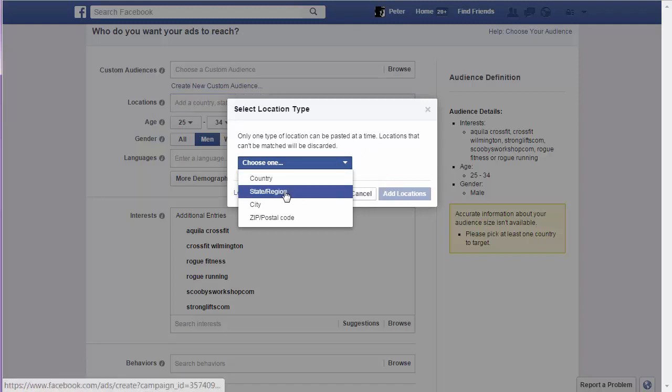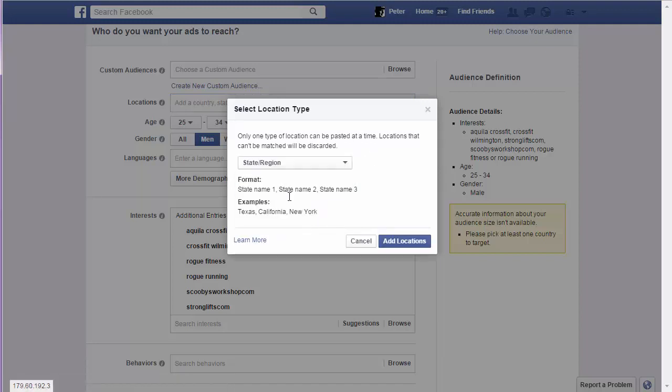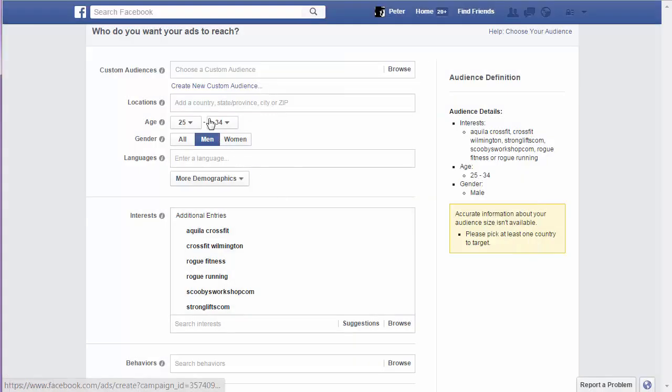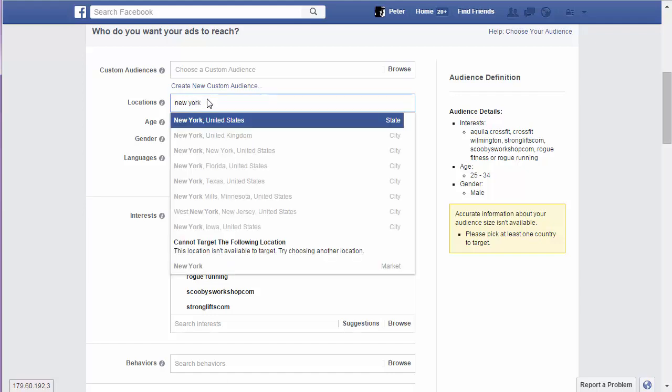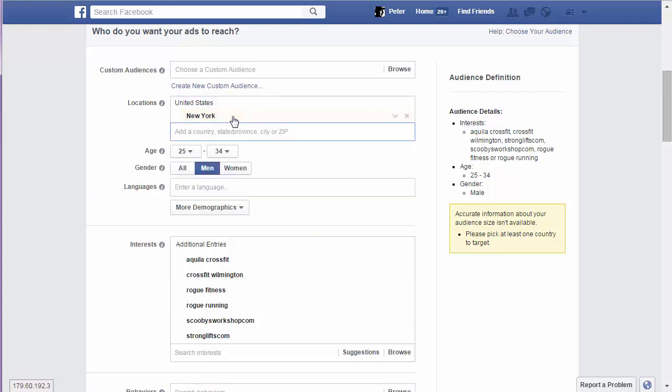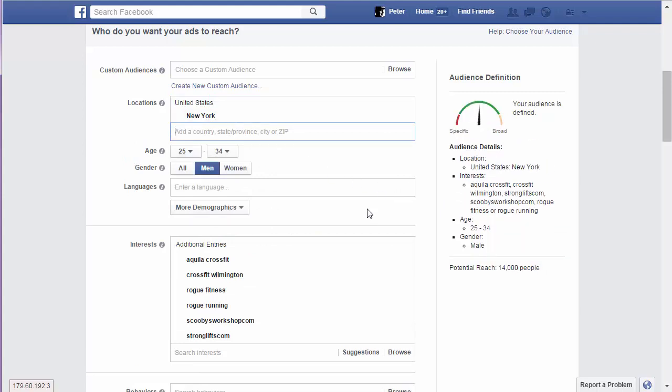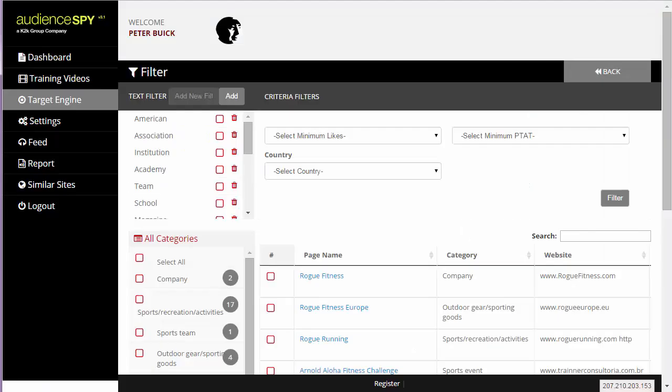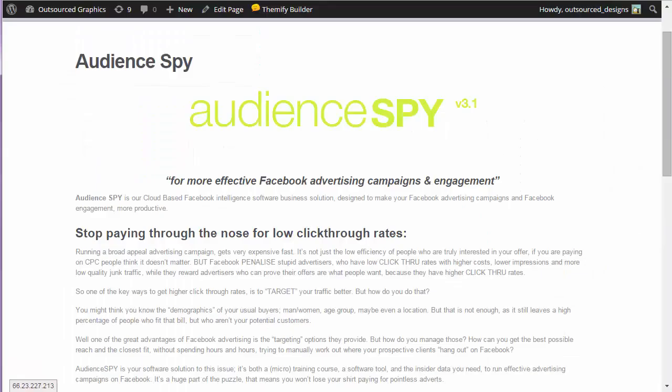Let's do New York. Right, New York, United States. There we go. Yeah, so just New York is 14,000, so that's too small now.